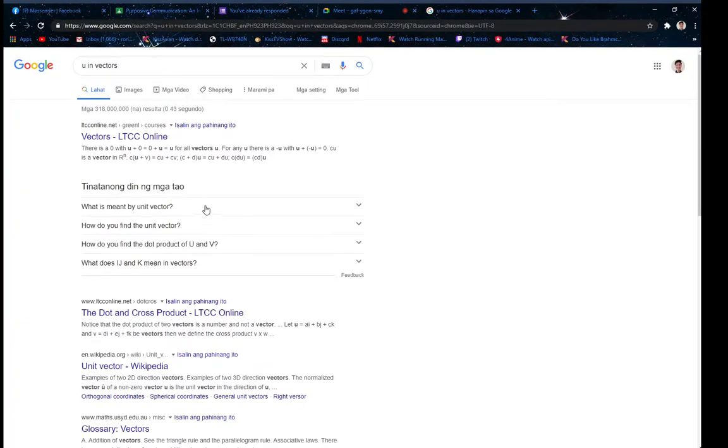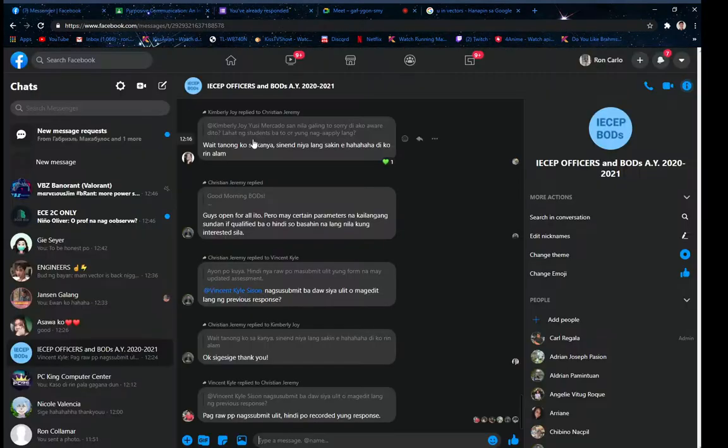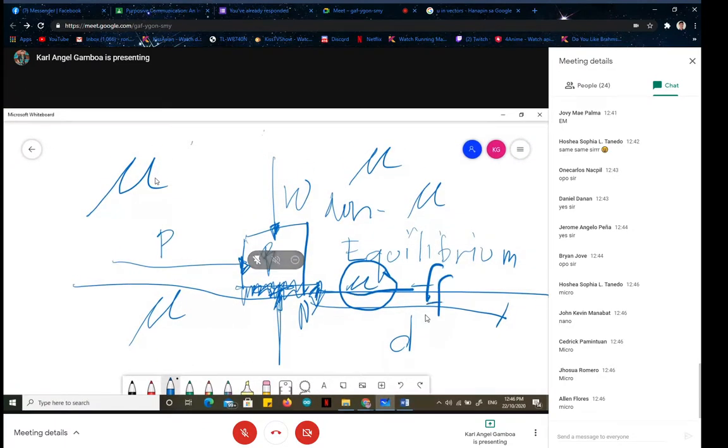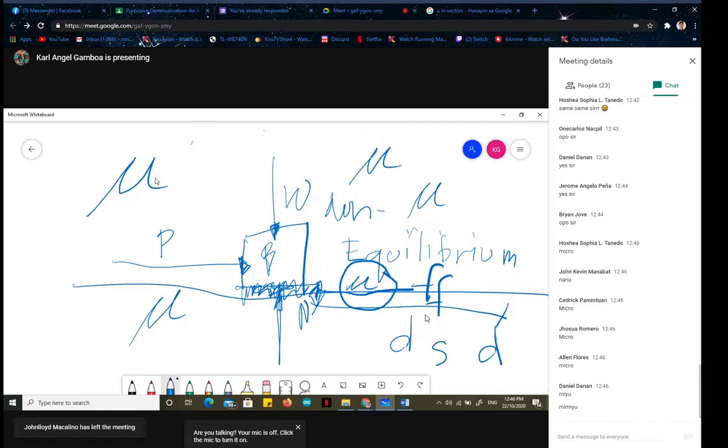Mu. This is mu, to represent the frictional force. So we represent it as mu. It is divided into two, static and dynamic, which we will study. So, this is now engineering mechanics.